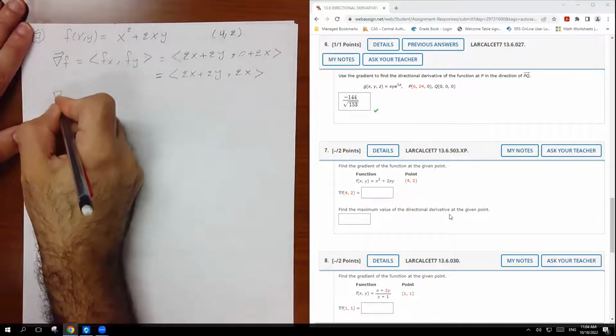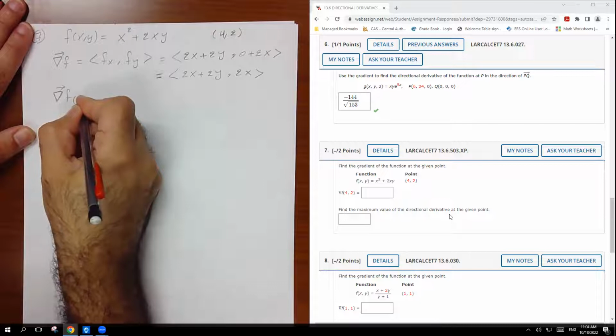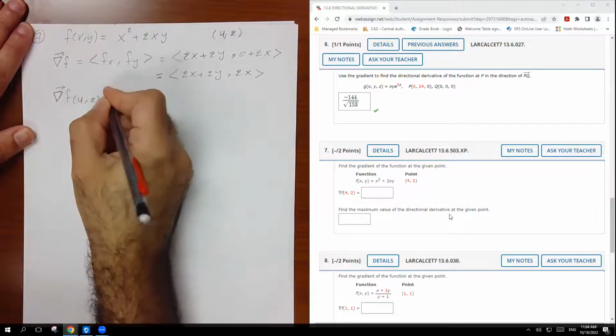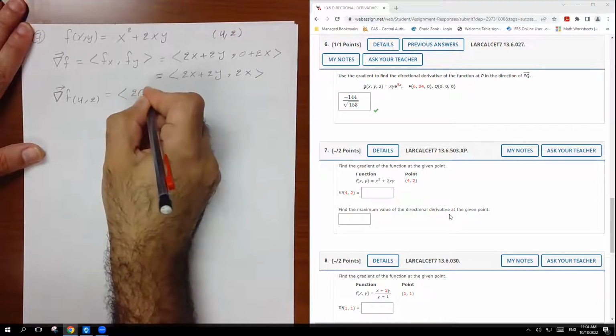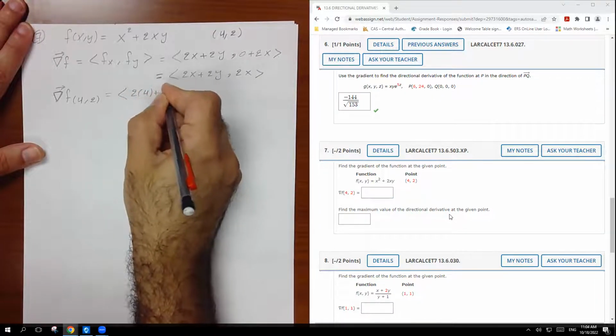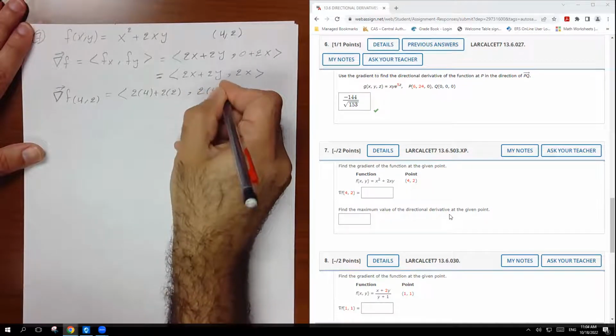The gradient of the function f at the point 4 and 2 is going to be equal to 2 times 4 plus 2 times 2, and 2 times 4.